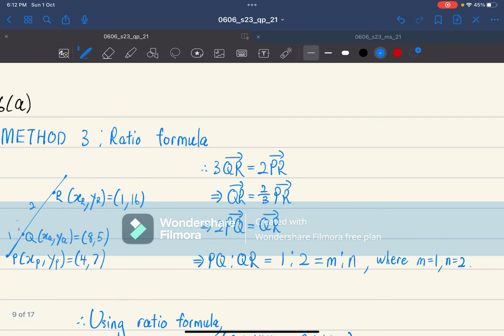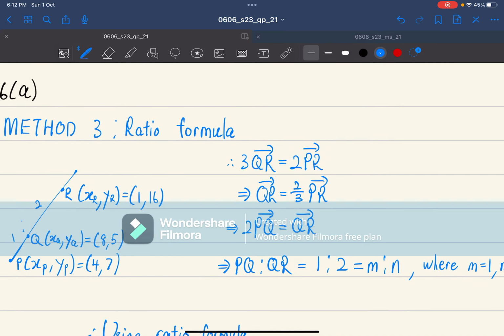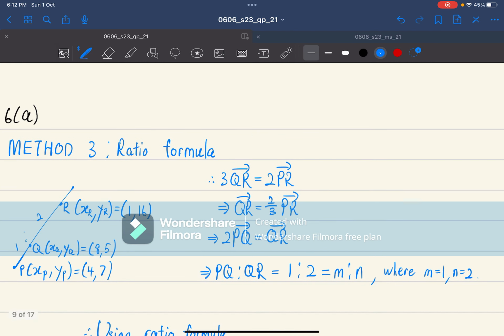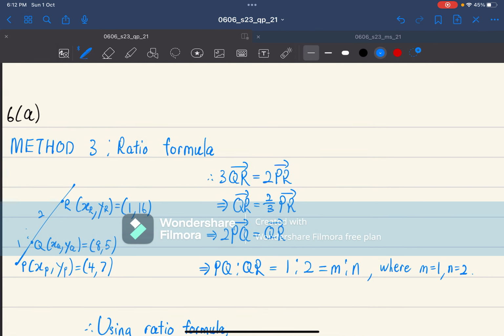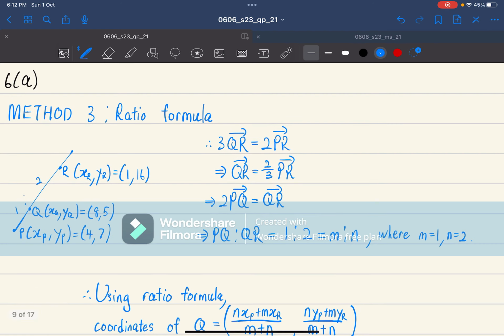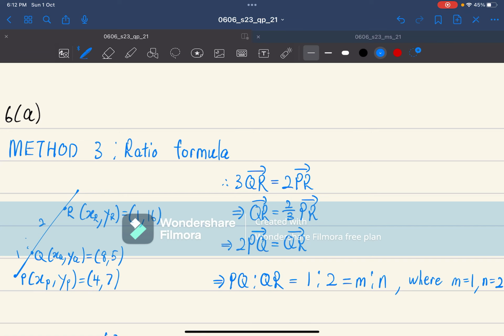And so this also implies that the ratio of PQ to QR is 1 to 2. You have to be good at visualizing ratios in order to do this. It's really important to be able to visualize it. Once you visualize it though, it becomes really easy to solve. So we know that the ratio between QR and PR is 2 to 3, right?